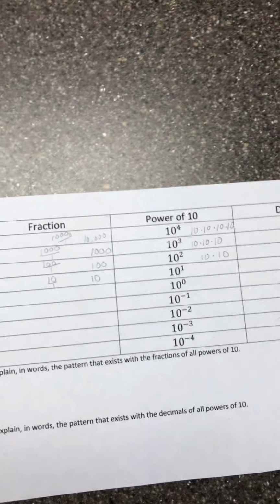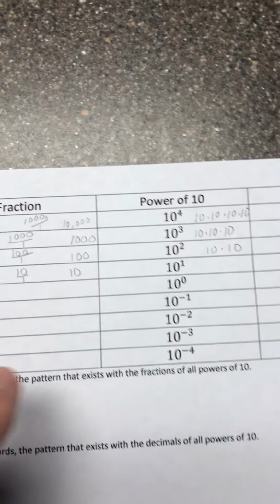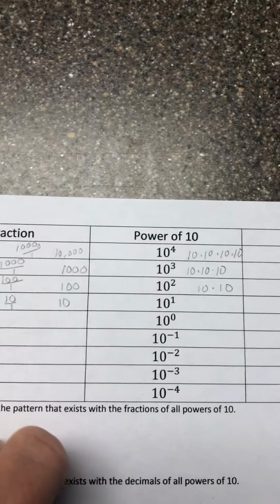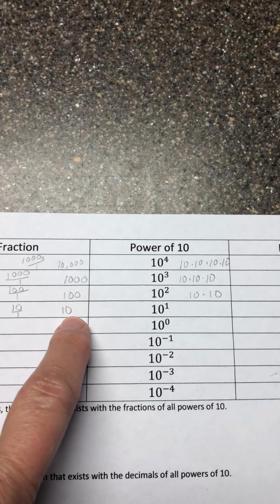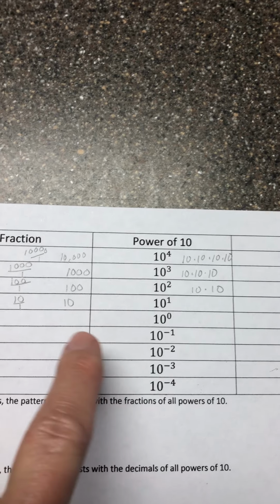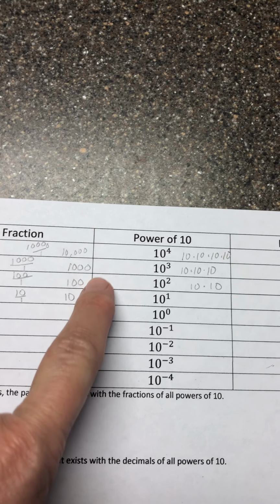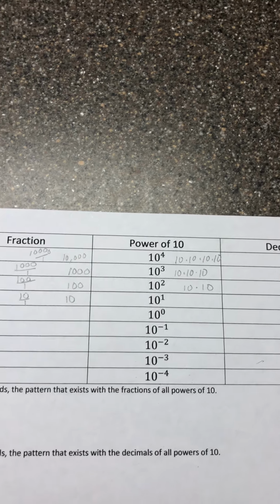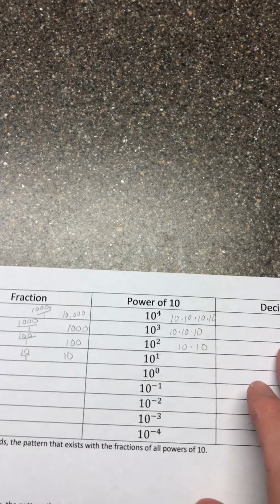Now real quick, let's take a moment. Does anybody notice anything that's happening with our numbers? That's right. You should see that each time we add to our exponent, we're actually gaining a 0. Great connection. Now real quick, let's transfer this over to the decimal side.